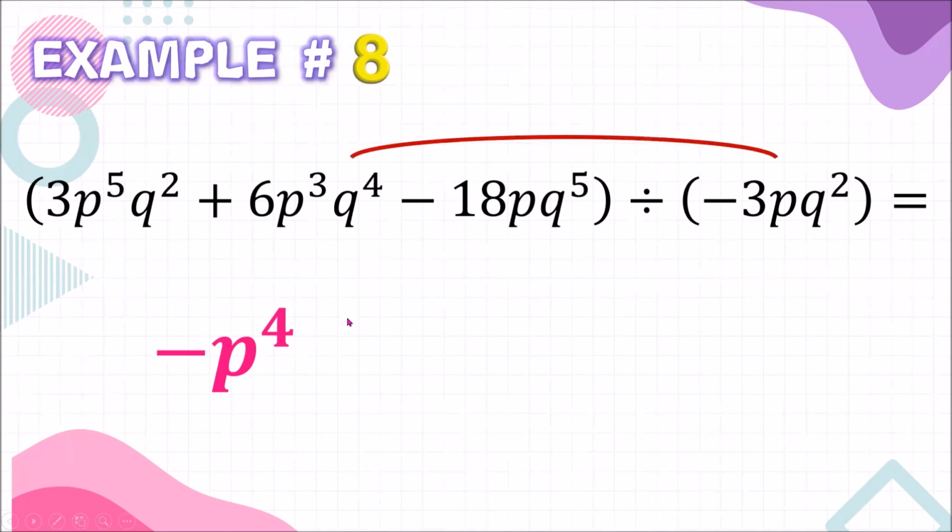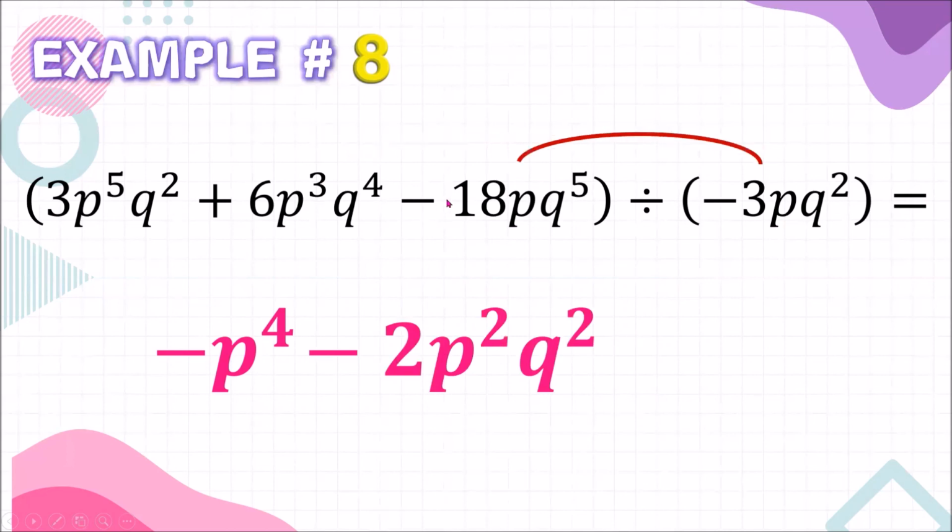Next, 6 divided by negative 3, we have negative 2. P cubed over p, so that is 3 minus 1, so p squared. And then q fourth over q squared, so 4 minus 2. So our answer will be negative 2p squared q squared.